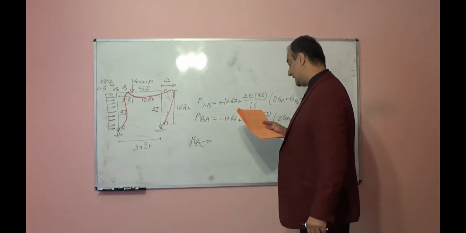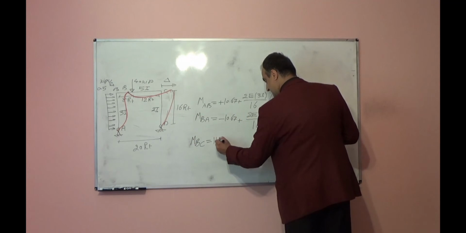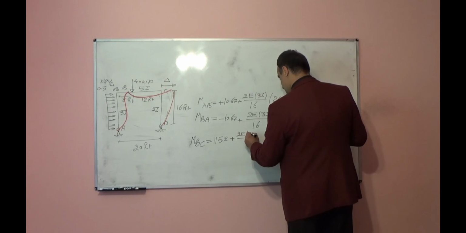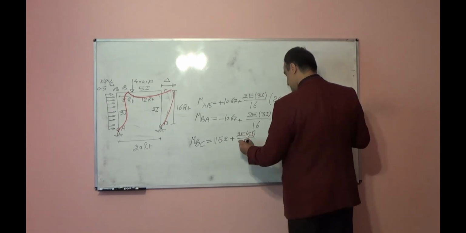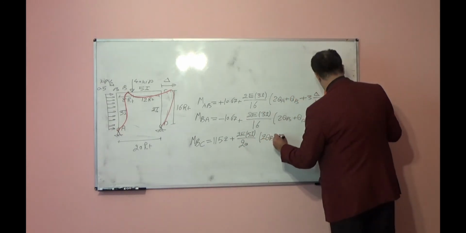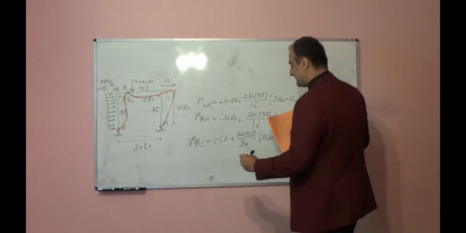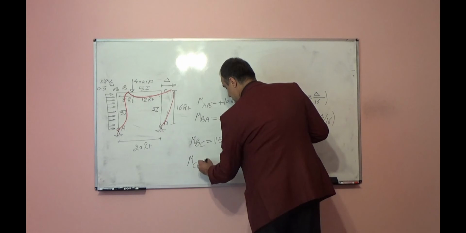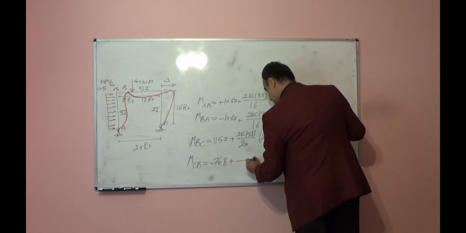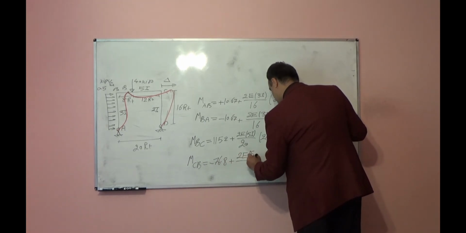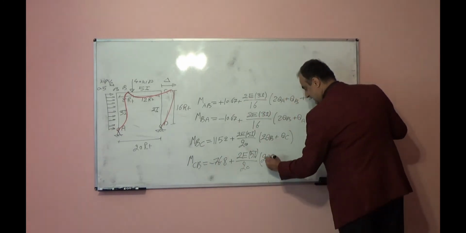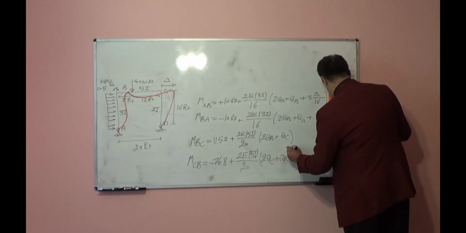So M BC will be M fixed BC 115.2 plus 2E times I for that, it is 5I, divided by length 20, 2 theta B plus theta C. M CB will be M fixed CB, it is negative 76.8 plus 2E times 5I over 20, 2 theta C plus theta B.